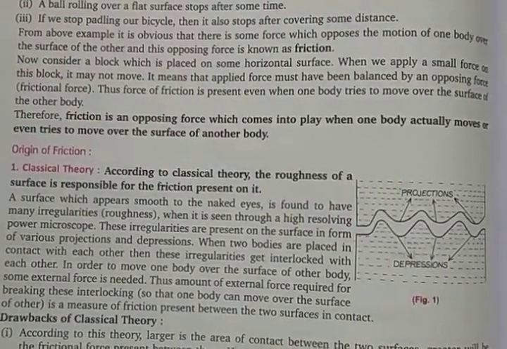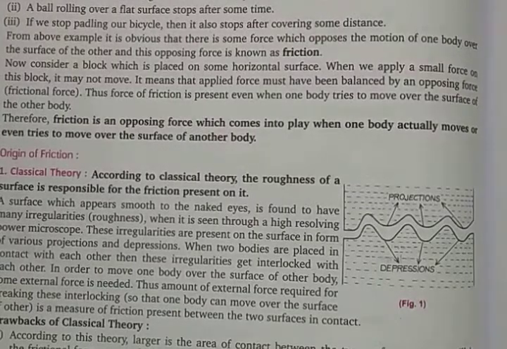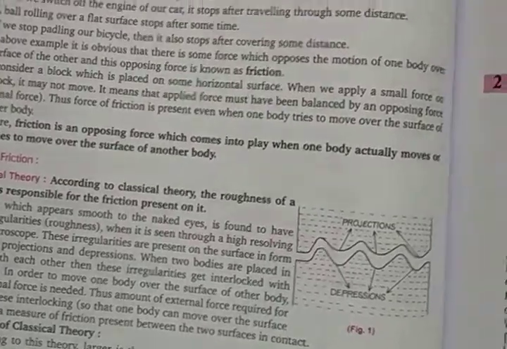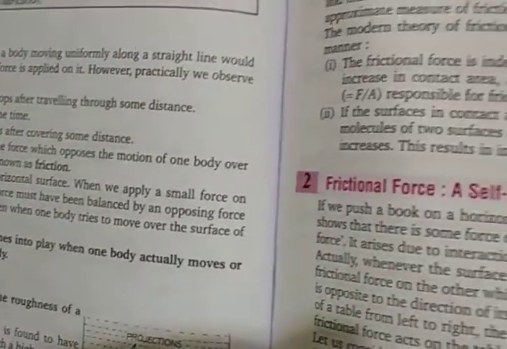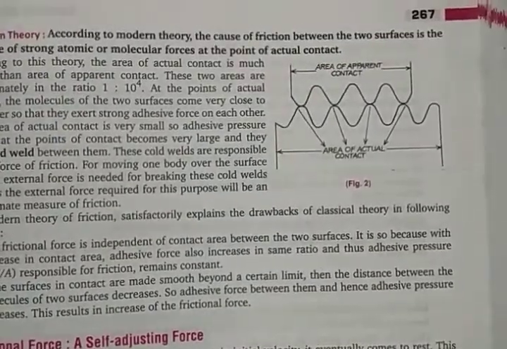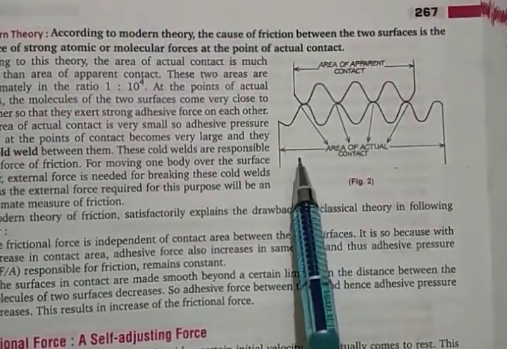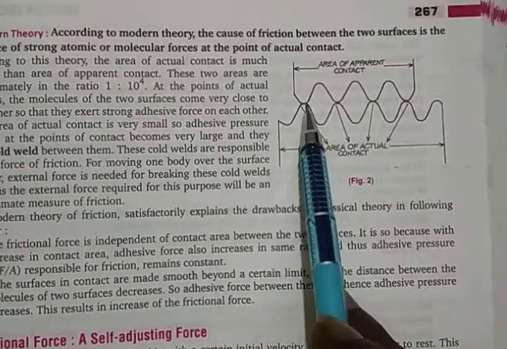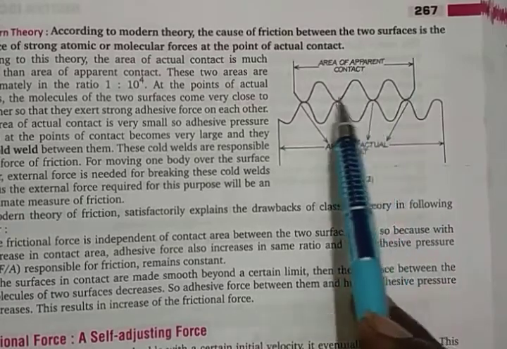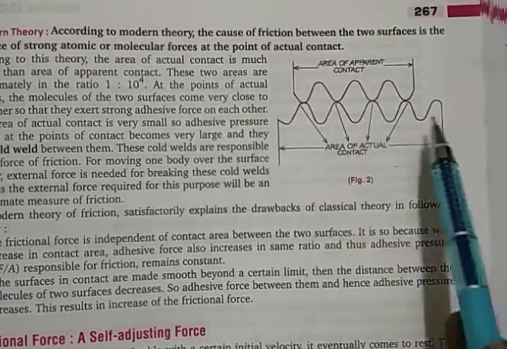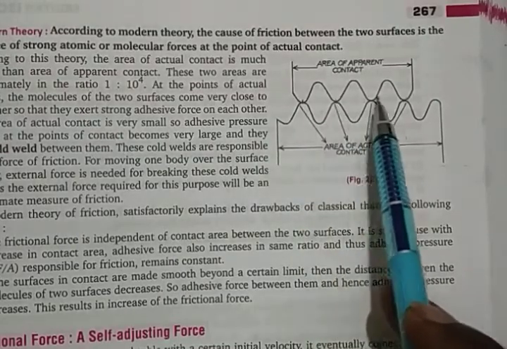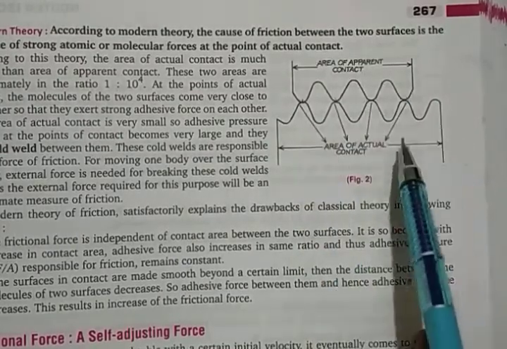There is a difference between classical theory and modern theory. Classical theory was saying it was like this. Now modern theory says the area of apparent contact and the area of actual contact are different. It says only the top portions that are touching each other make contact.